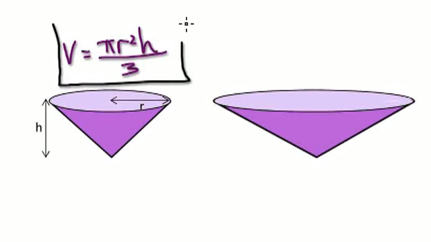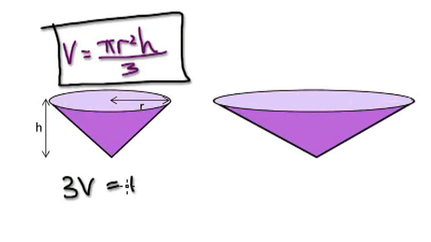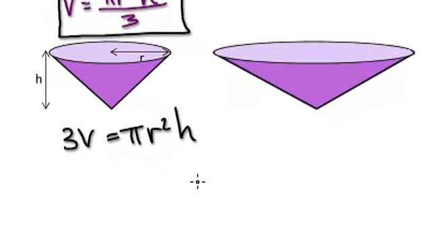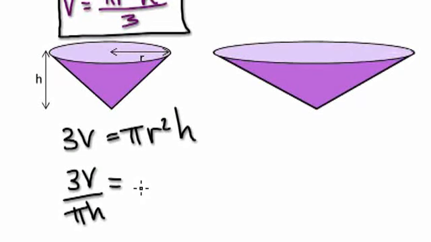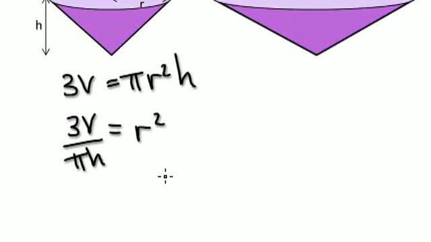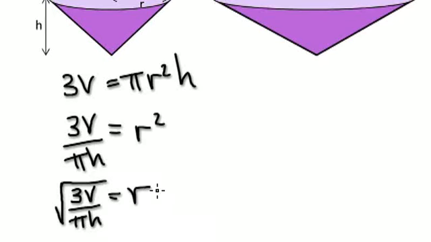Start off by rearranging this to make r the subject. Times both sides by 3, so you will have 3v equals pi r squared h, and then divide both sides by pi h. So this will be 3v over pi h equals r squared, and then square root both sides. So this will be the square root of 3v over pi h equals r.